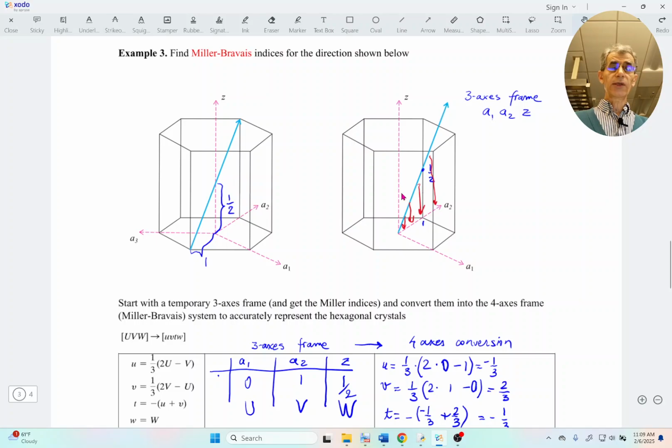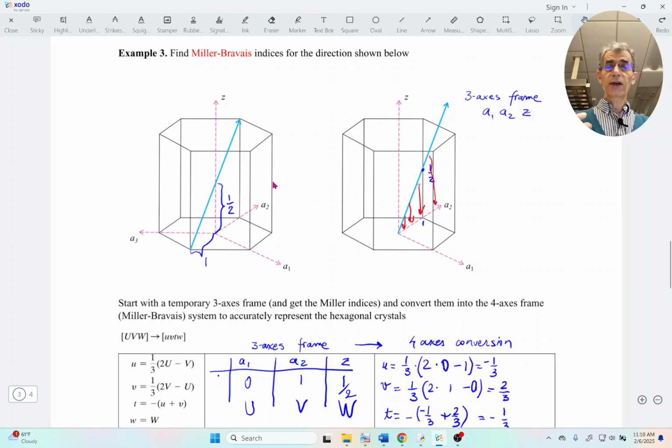It's interesting to see that when we move here along the A2 axis, and along the Z axis, when we move 1 unit there, this vector will touch the Z axis at half along the C direction, which would have been 1C.